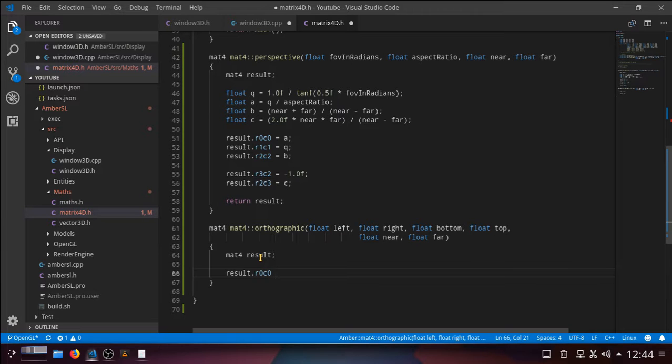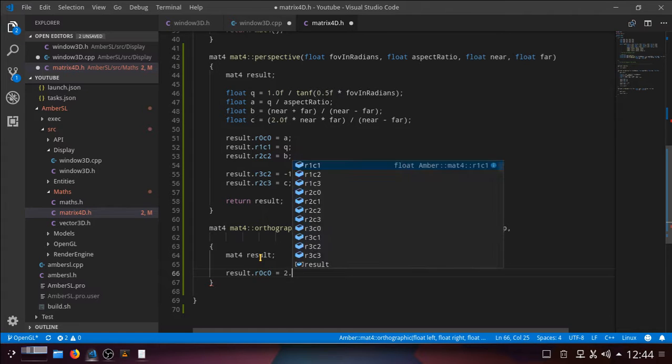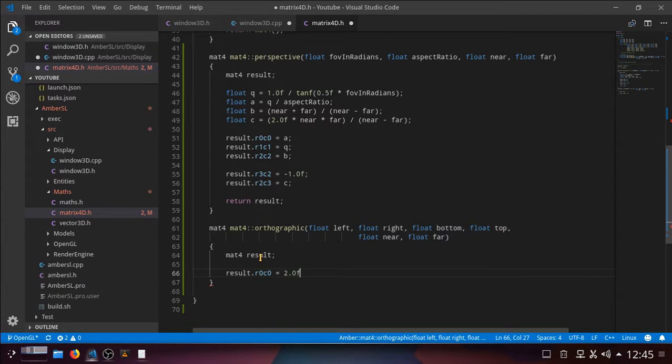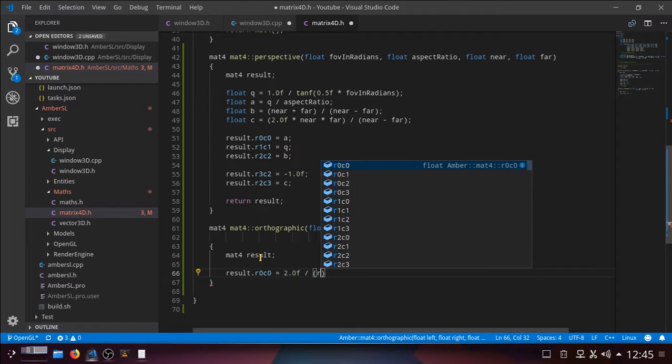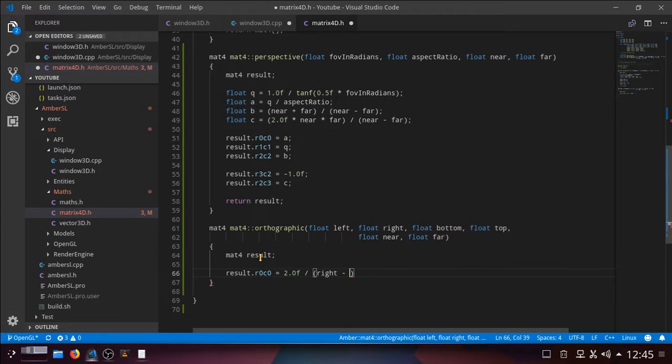R0C0 equals, this is slightly simpler, so it's 2F, and that's it. Remember I said it was a percentage, divided by, and that's going to be right minus left. Right minus left.